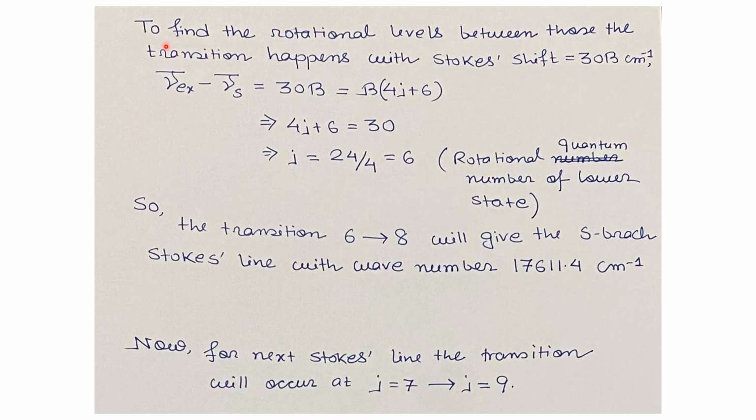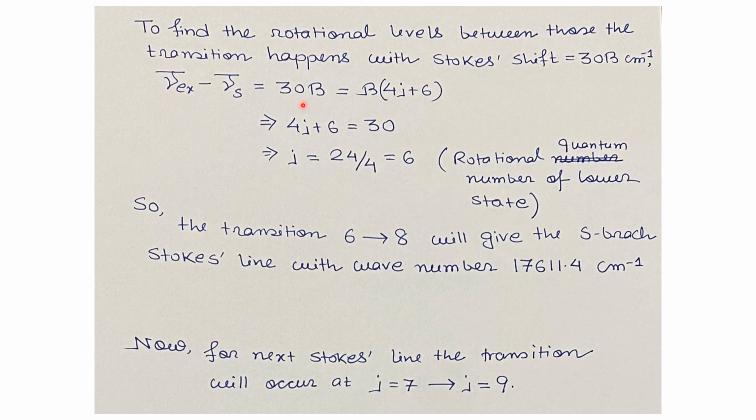Now to find the rotational energy levels between which the transition happens with the Stokes shift that we have calculated in the previous slide, that is 30B centimeter inverse. From the working formula we have seen nu Ex bar minus nu S bar for the Stokes line equals B times (4J plus 6). So we will equate B times (4J plus 6) with 30B.